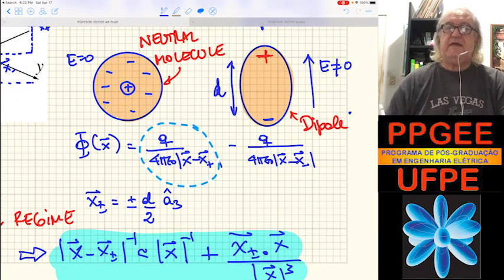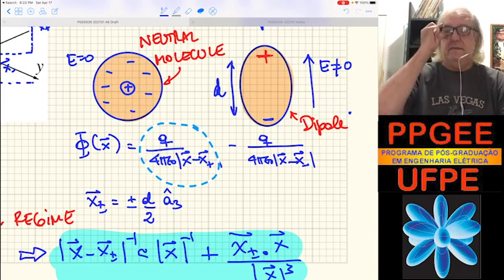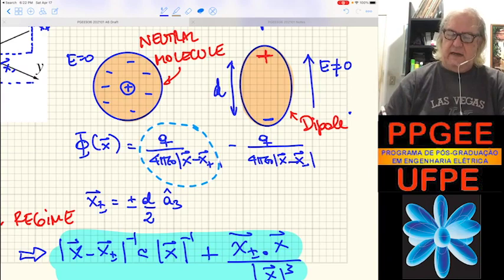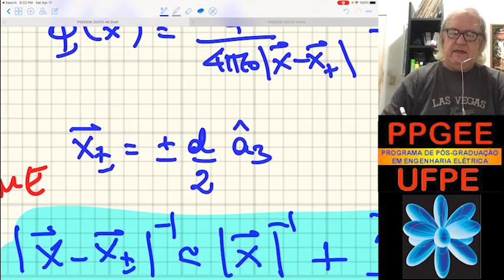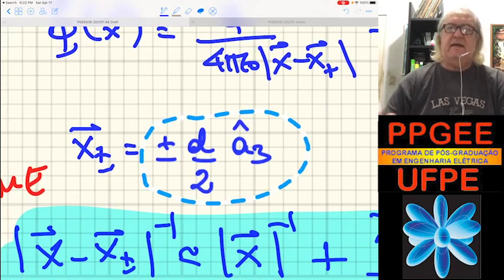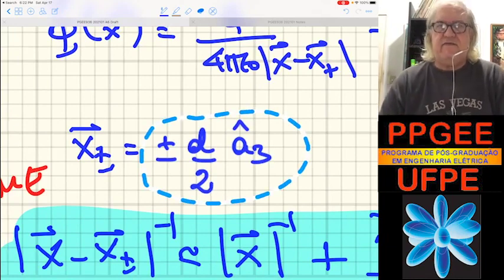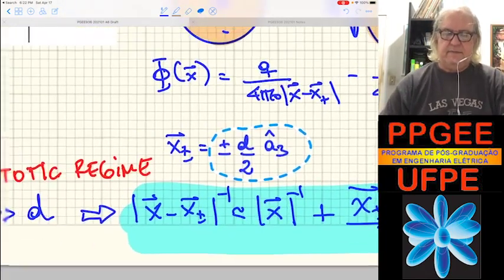Due to the positive charge plus that due to the negative charge. This difference vector is simply plus or minus d over 2 times the az versor, right?